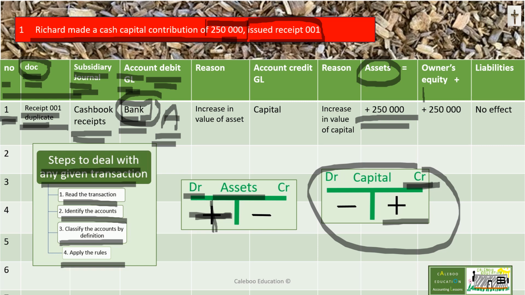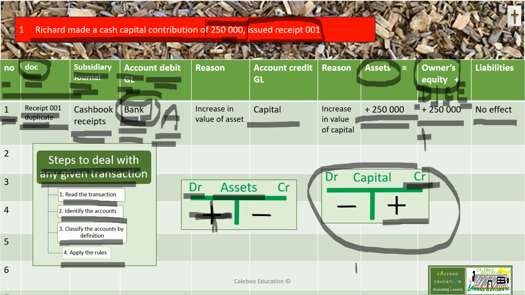Under owner's equity, remember, if you've watched previous videos of mine, you get these 4 categories: drawings, income, capital, and expenses. That falls underneath owner's equity. So capital has increased by 250,000. That's why there's a plus there, plus 250,000. And liabilities: capital is not a liability, and bank is not a liability. So under liabilities, there's no effect.